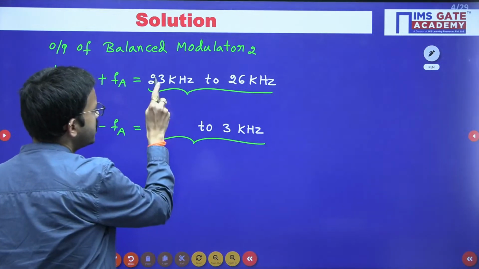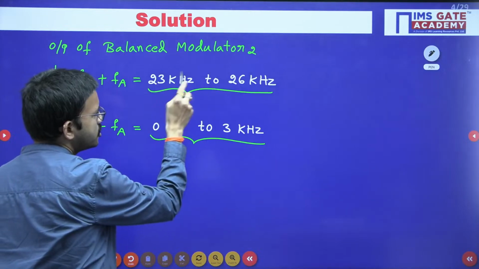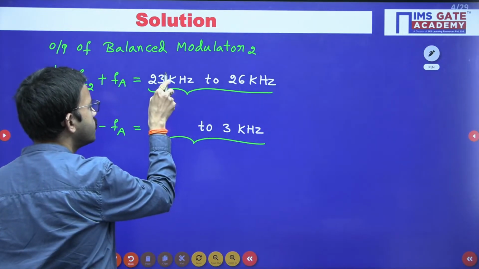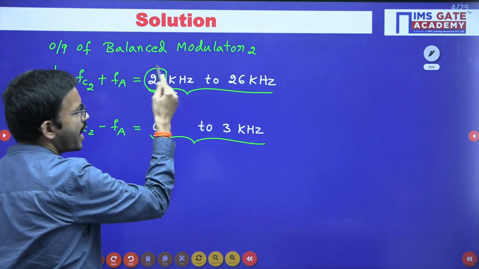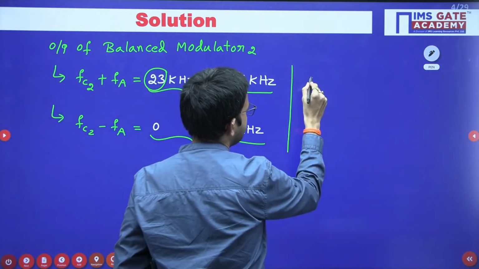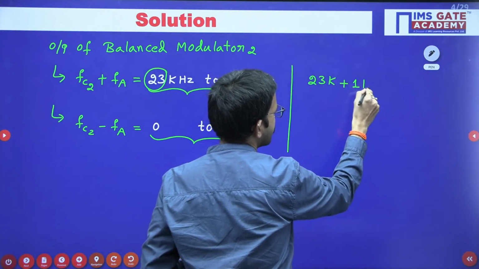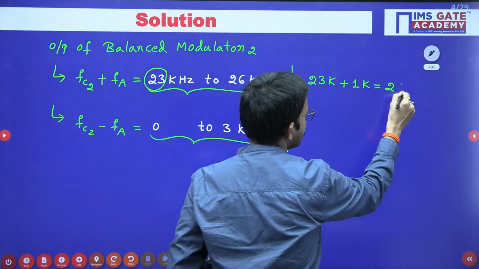Now carefully observe, here you get one band of frequency, 23 kilohertz to 26 kilohertz, right? Starting from 23k, if you add 1, there you will get one peak, 23k plus 1k, which is nothing but 24k.